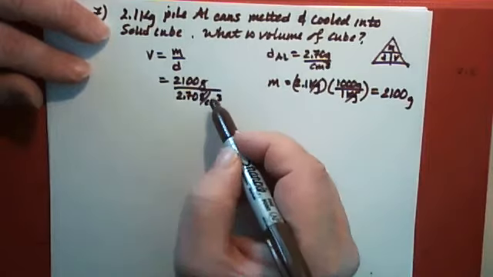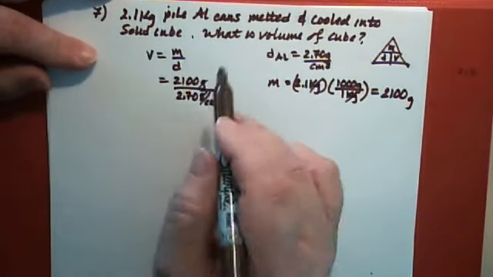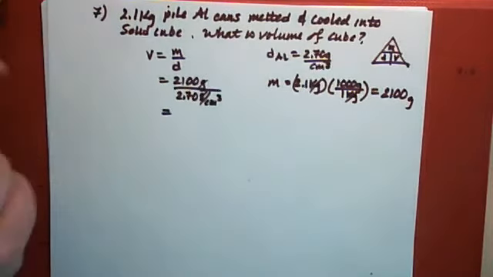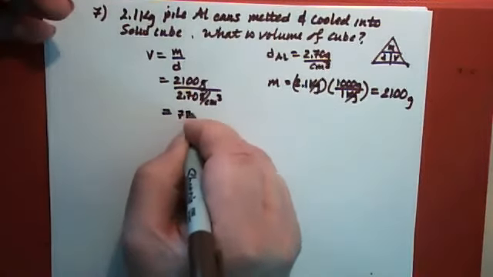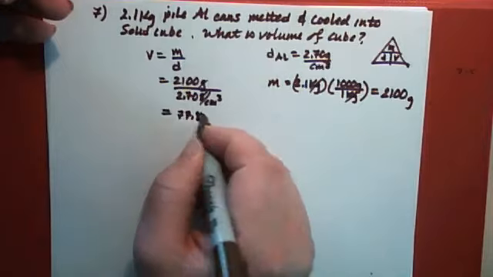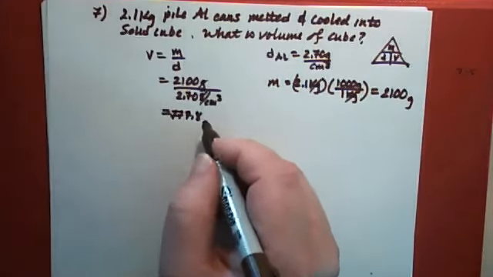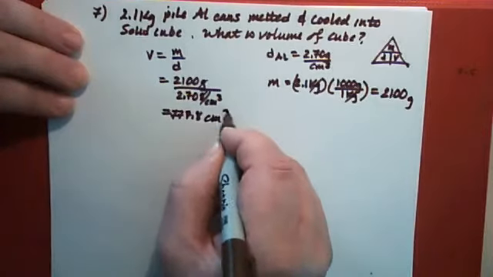Grams will cancel, and notice cubic centimeters is in the bottom of the fraction, which is the same as being on top. So that gives 777.8 cubic centimeters.